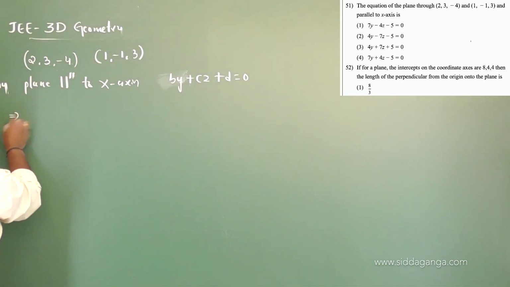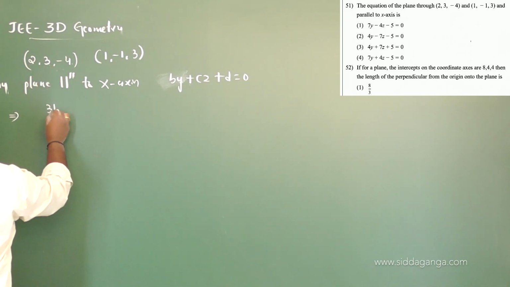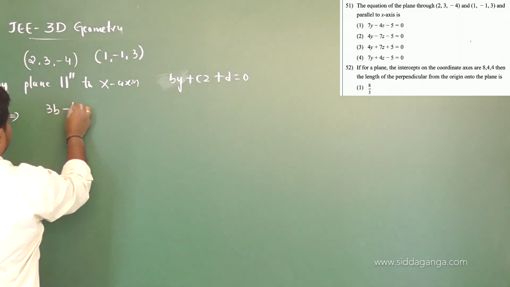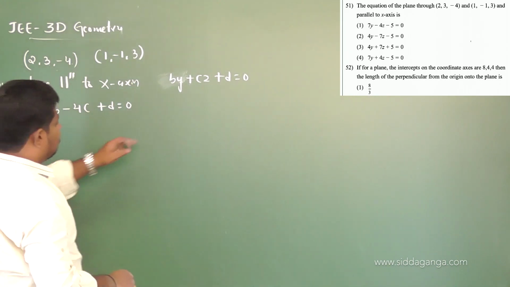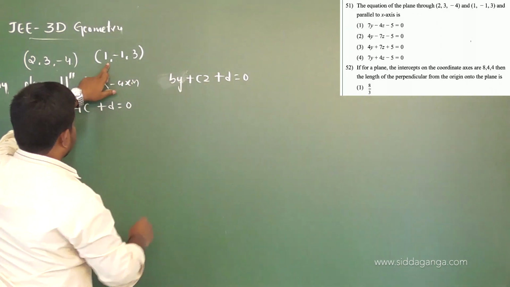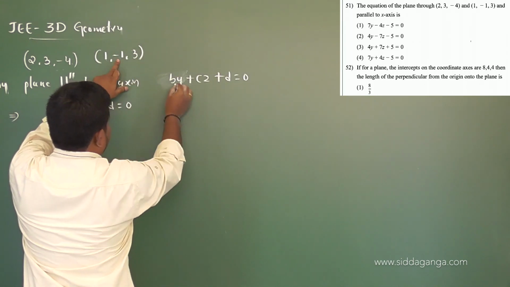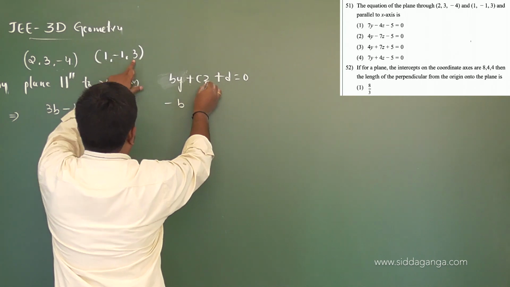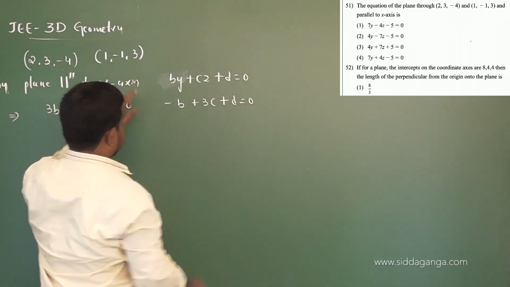So you get 3b minus 4c plus d is equal to 0. Again the same plane passes through the second point, so in place of y minus 1, you get minus b, in place of z 3, so plus 3c plus d is equal to 0.